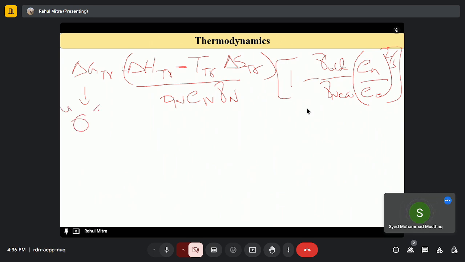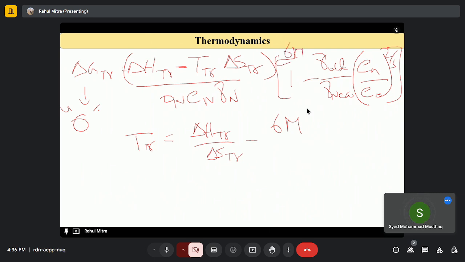So after substitution we had T transition will turn out to be delta H_tr by delta S_tr minus 6m. I didn't mention the 6m term, right? We can write the 6m term here.